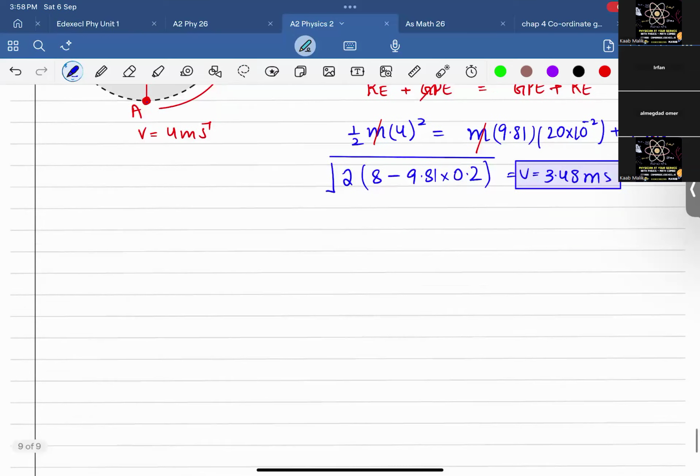Now, if we try to find out the acceleration using that velocity, we know the formula: a equals v squared over r. So v is 3.48 squared divided by 10 exponent negative 2. So what is the acceleration? This is going to be the centripetal acceleration.